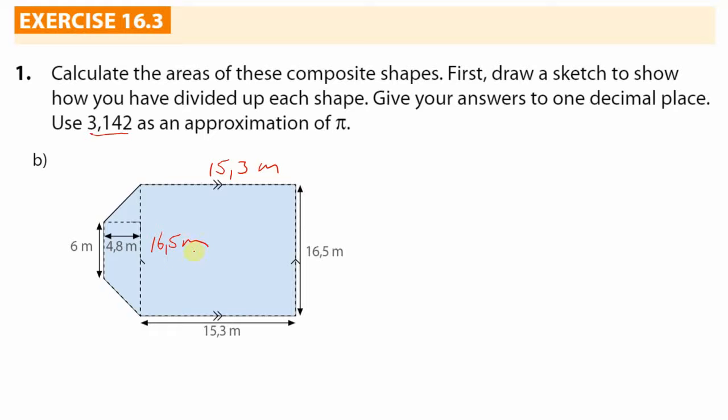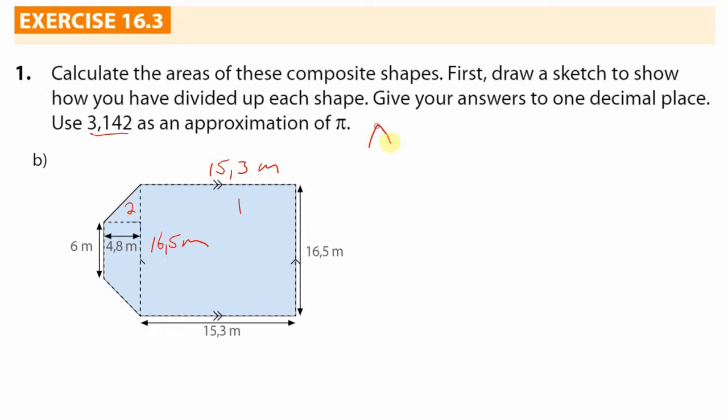So we have in fact everything to calculate the area of the trapezium as well as the area of the rectangle. So we actually have 2 areas that we can calculate, and then we can add them up to get the area of the composite shape.